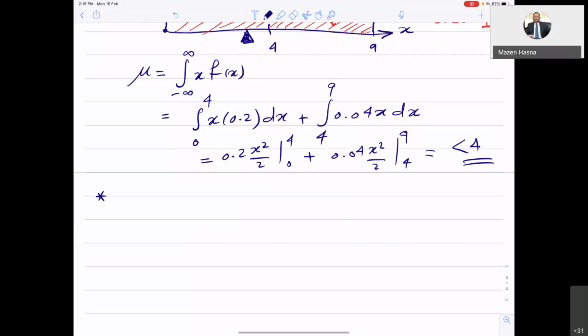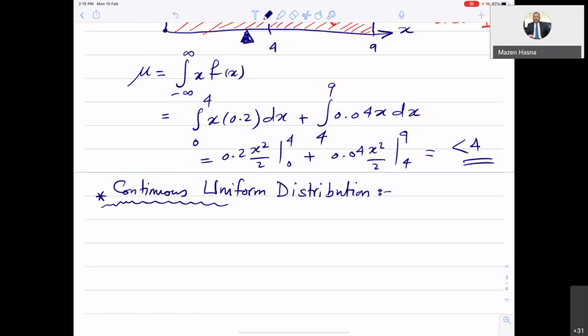So let's start with the first one, which is the continuous uniform distribution. The continuous uniform distribution is somewhat similar to what we did in the discrete domain. In the discrete domain, if you recall, we assumed that the outcomes of an experiment have equal probabilities.